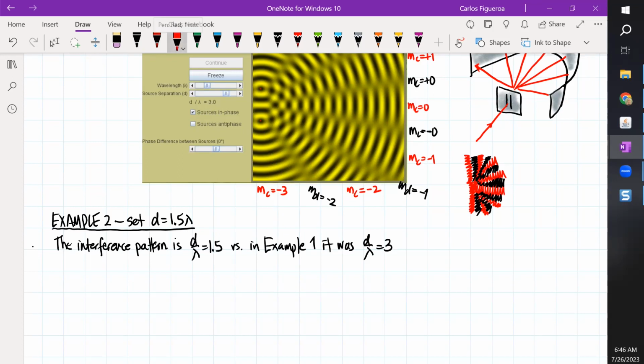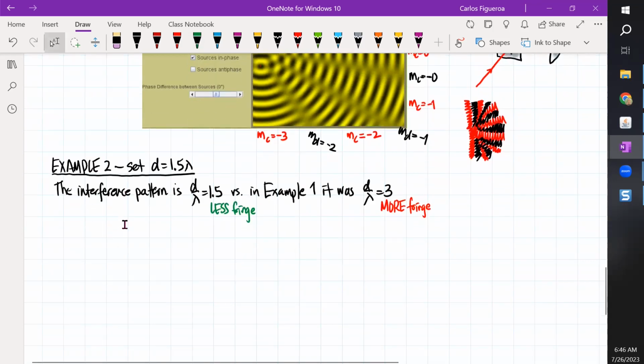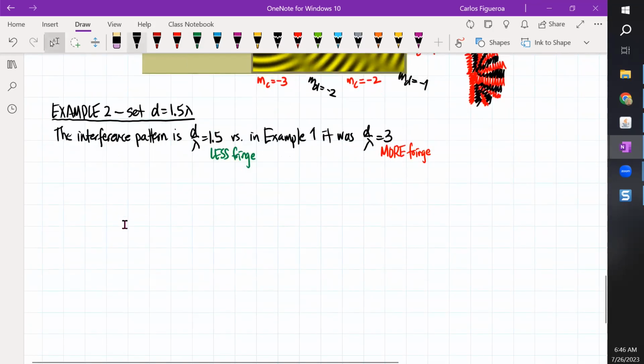In other words, this guy has more fringes, and this guy has less fringes because the value is smaller. So let's go look at this. Let's go calculate this quickly here. So we're going to do this a little bit faster now.